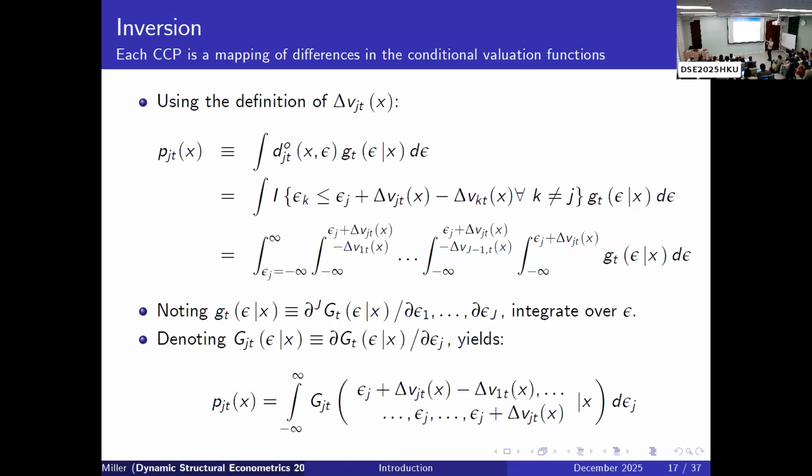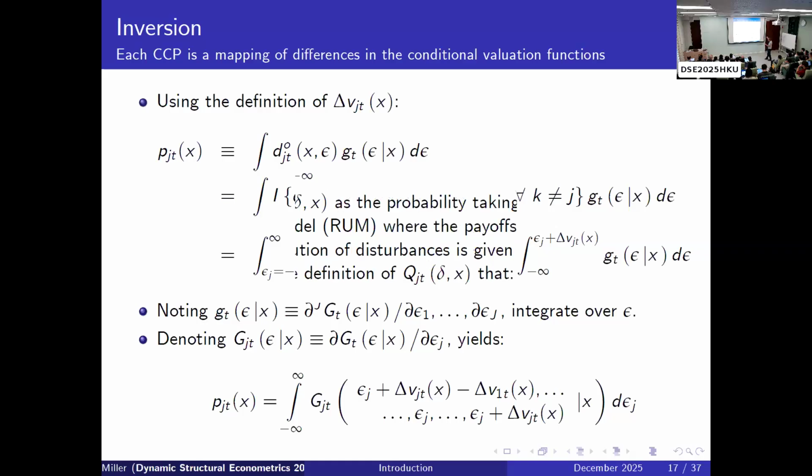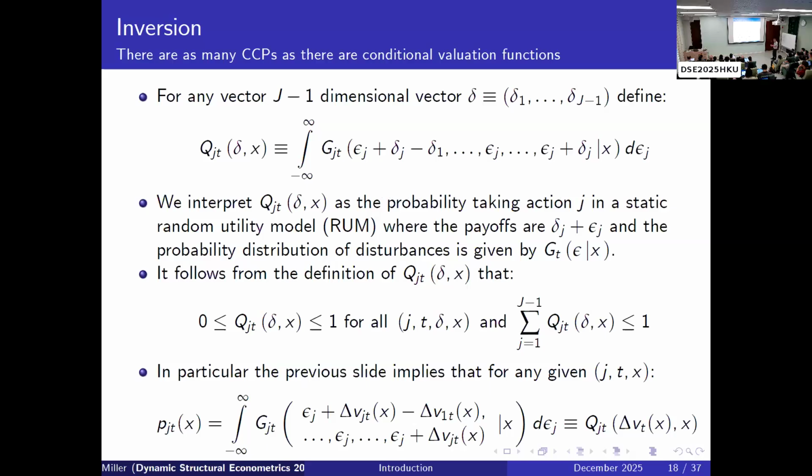Okay? Do it another way. Instead of putting triangle V's in here, you put in deltas. Okay? That's all I've done. And we already know this is the conditional choice probability for a static model as well. Okay? So why don't we just put in these deltas? So that's the sense in which we can interpret this as this.